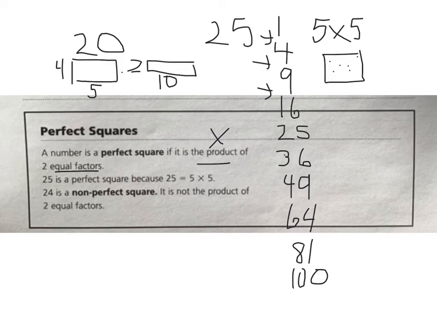So if I took the square root of a number in between one of these numbers, say the square root of 10, I wouldn't be able to figure out a number that times itself gives me 10. What happens with those numbers is they work out to be a number that we have to calculate in our calculator, and it's a decimal that never ends.